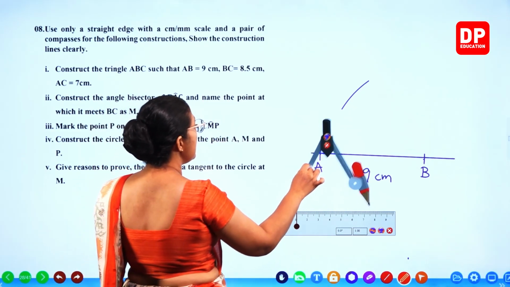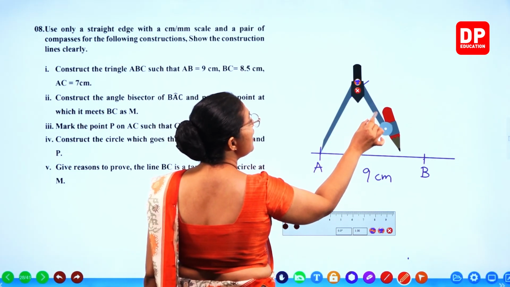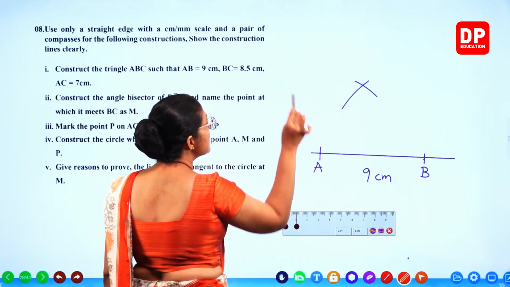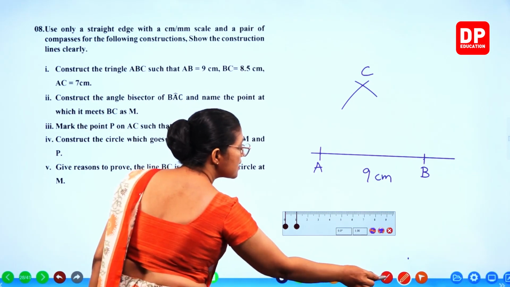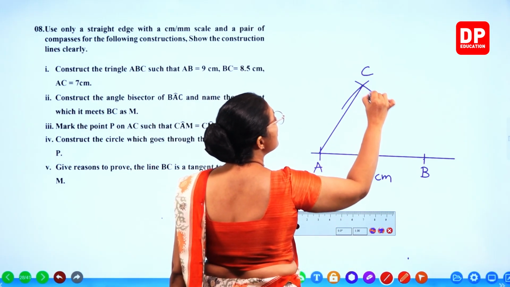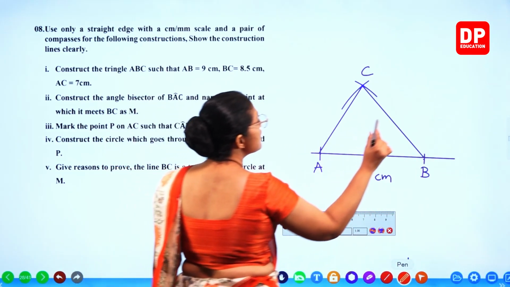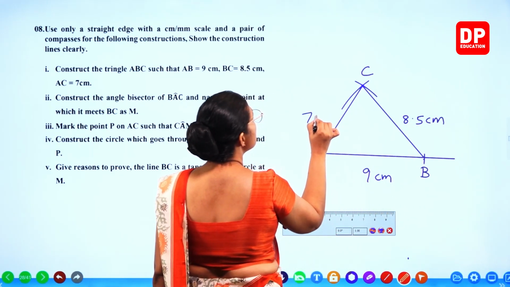And then that's A, C. You keep the compass on point A and then mark it. So this is C. Now connect the intersecting point with A and B. So that's the ABC triangle. So let's mark this is 8.5 centimeters and this is 7 centimeters.